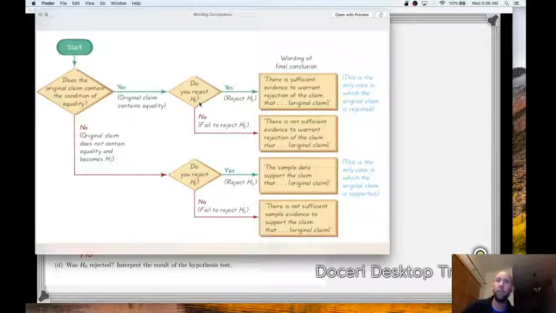In this case, do you reject the null? Yes, we rejected the null. And so in wording our conclusion, we can say that there is sufficient evidence to warrant the rejection of the original claim. We can use this to help us word this conclusion.